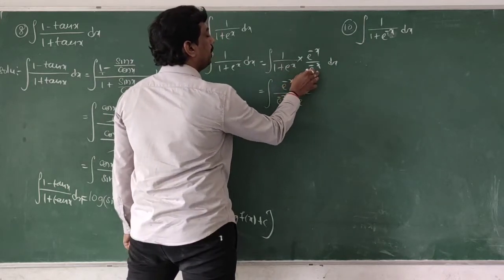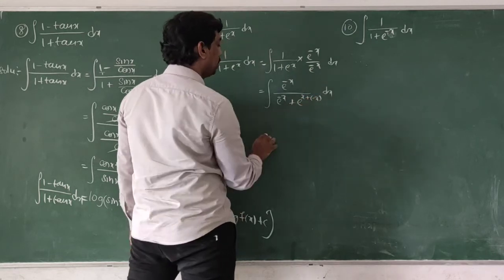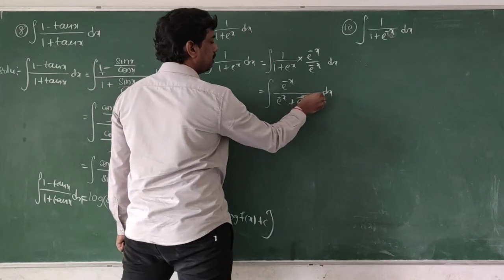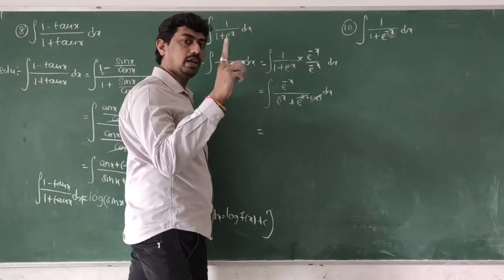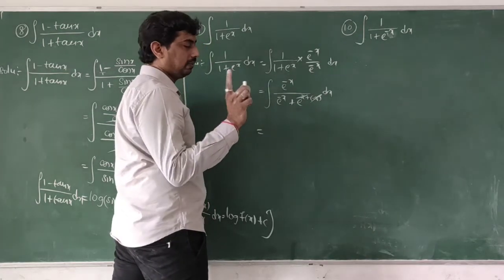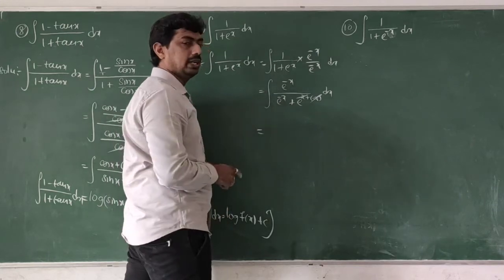Base is equal, product means add the powers: x plus minus x cancel, e power 0 is 1. Any variable to the power 0 is 1. That's why we get in the denominator 1 plus e power minus x.